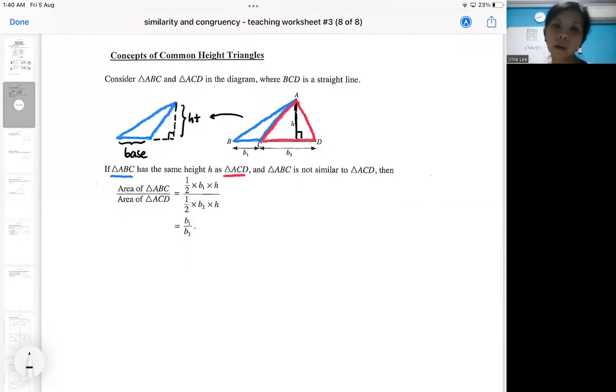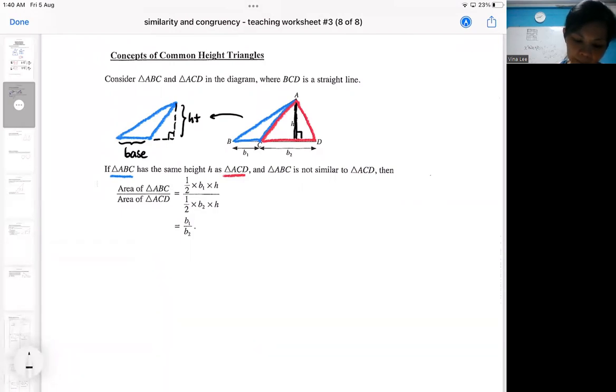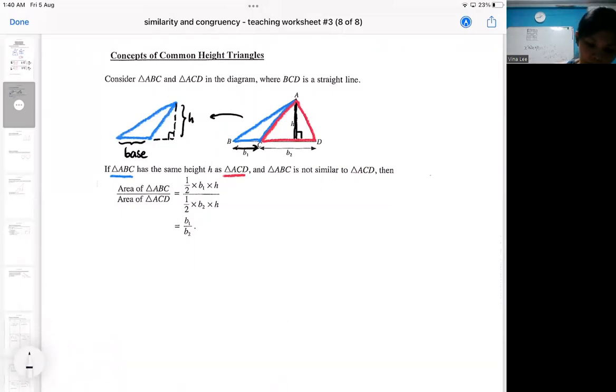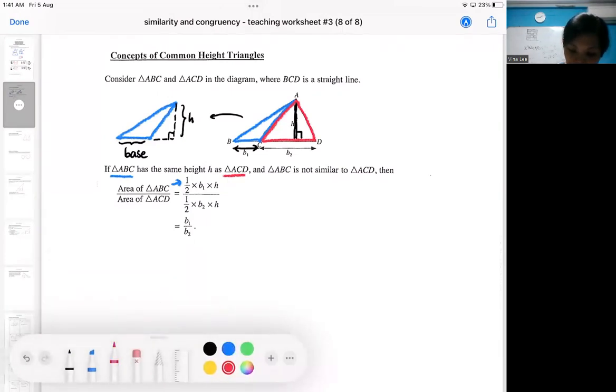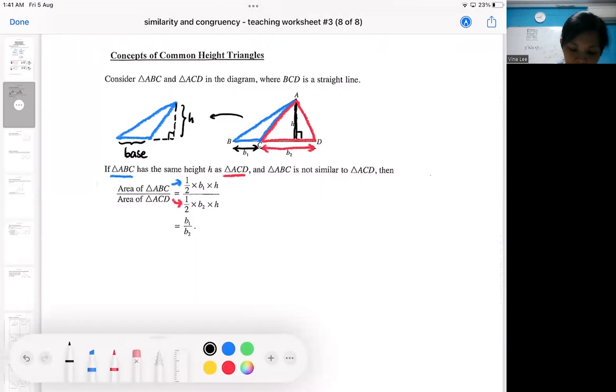You can try working out the area of ABC. If I work out the area of ABC, I will be using this height, and the base is B1. This is the area of the blue triangle. If I do the area of the red triangle, I'll be using B2 as the base. My height is still H. Because it's a common height, you end up cancelling.